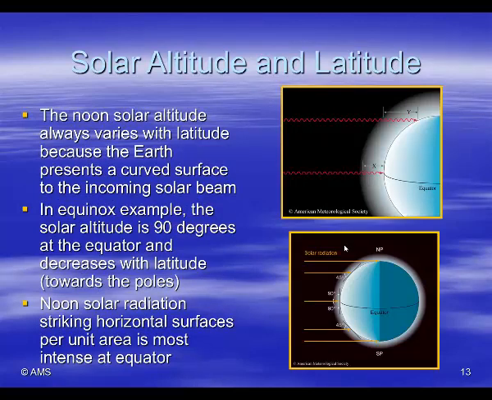So what happens is the noon solar altitude always varies with the latitude because the Earth presents a curved surface to this incoming solar radiation. As the energy comes in from the sun, it strikes the equator head on, just like that flashlight we showed with the previous slide.